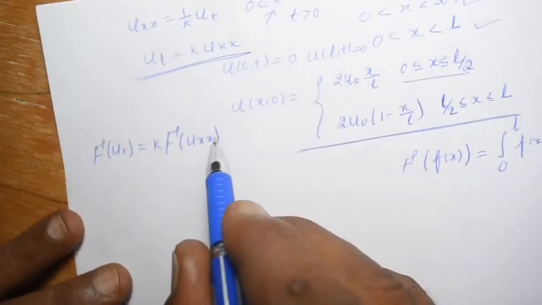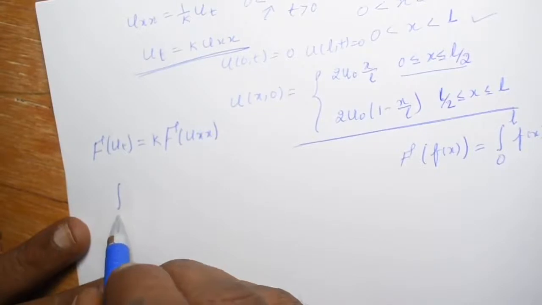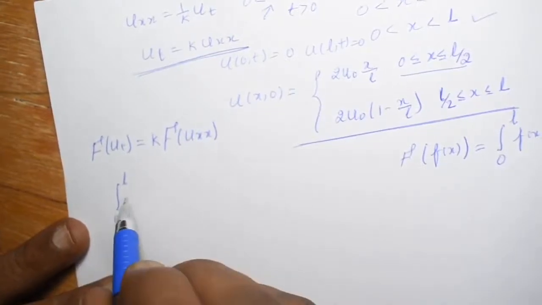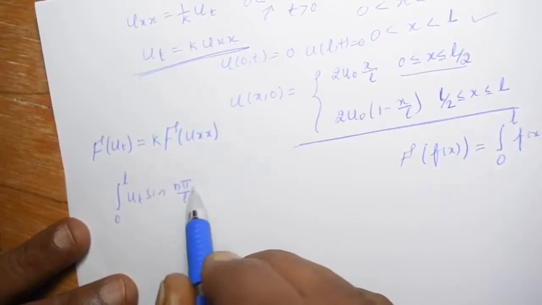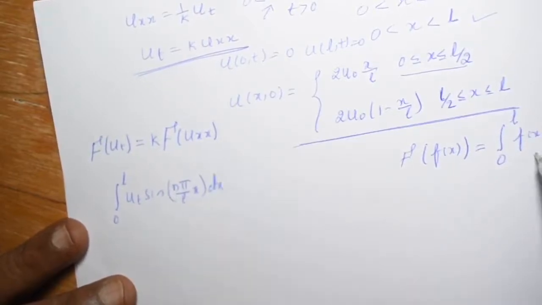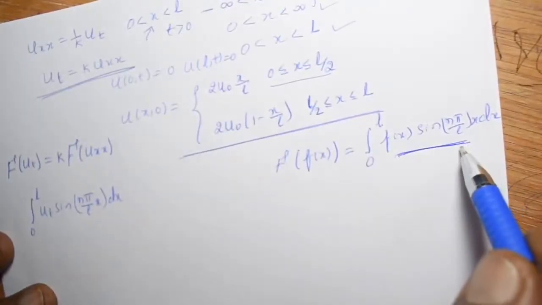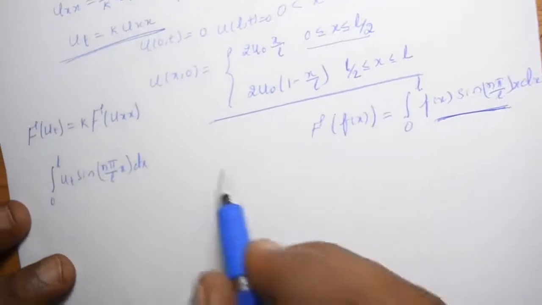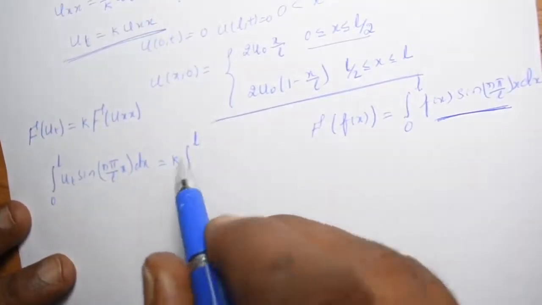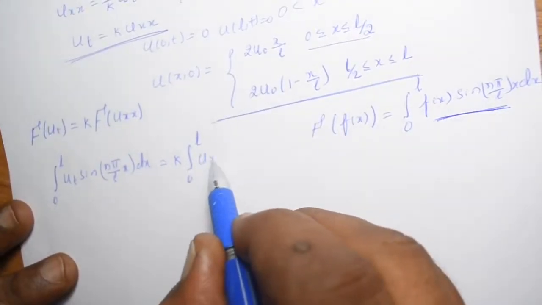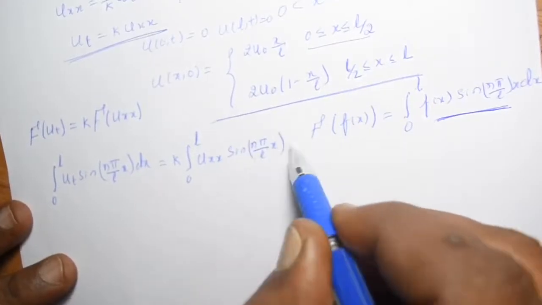By applying this, you get the integration from 0 to L of ut into sin n pi by L into x into dx, and with the definition of the finite transformation, this is equal to k into the integration from 0 to L of uxx into sin n pi by L into x into dx.